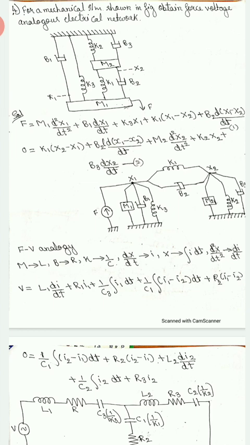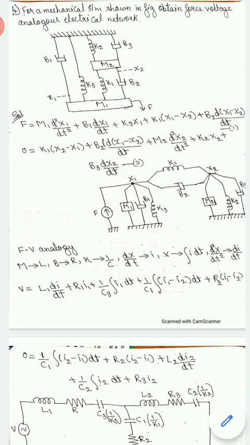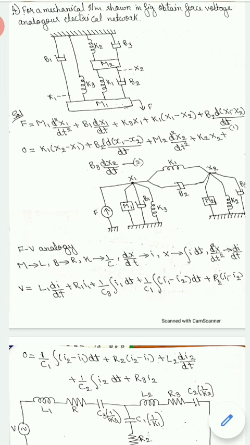For x1, what are the elements connected? For x1: f, m1, b1 and k3, and k1, b2. You can observe here that between x1 and x2, k1 and b2 both are connected. First write the equation for x1.